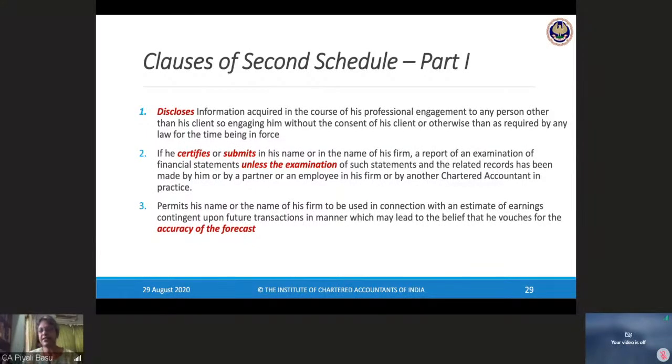Keep that in mind. If you remember, students, I told you how to write the answer. First, you have to identify the clause, the part, and the schedule. Then you give the details of what that clause talks about, connect it with reference to the case study, and give your conclusion whether guilty or not guilty.